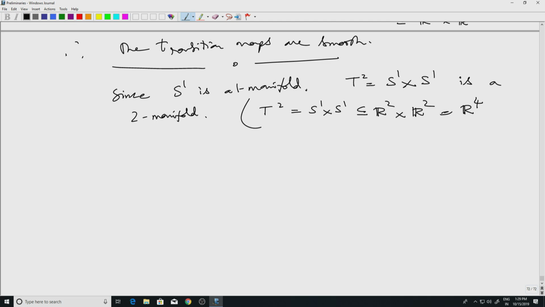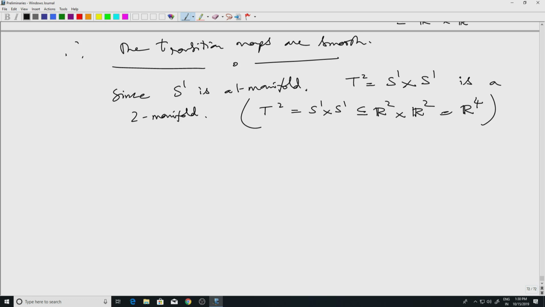So this description of the torus as a Cartesian product is as a subset of R4. Of course, one can prove that this is in some sense equivalent to the surface of revolution in R3. But we'll return to that when we talk about submanifolds.